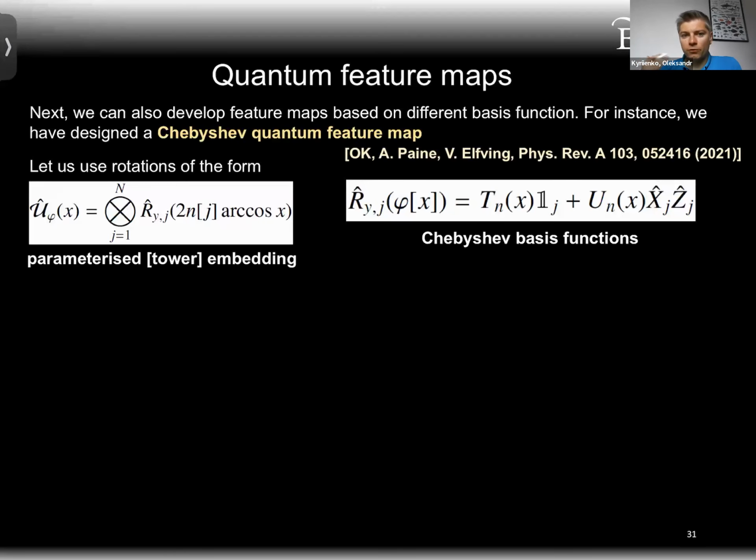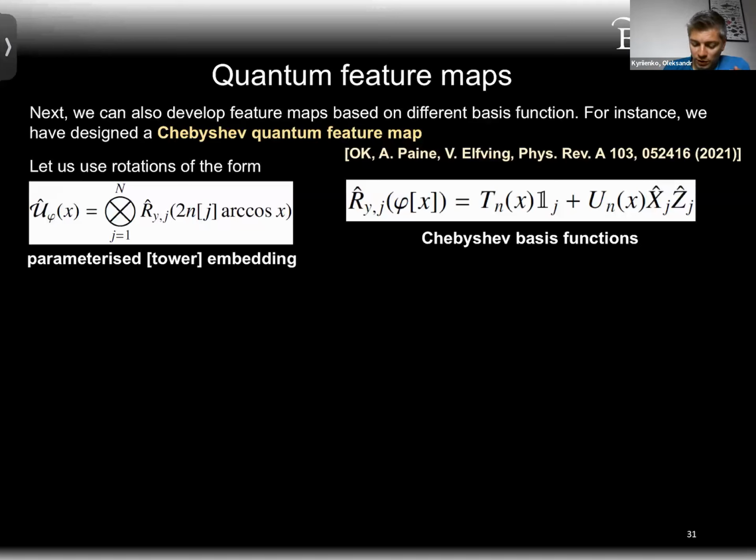The feature maps that I have described before were using the Fourier components, but what we were doing in my group are feature maps that first have increasing capacity and feature maps that use different basis sets.